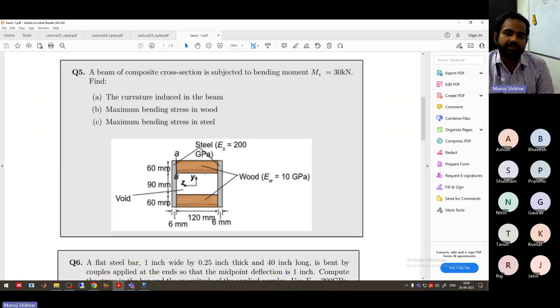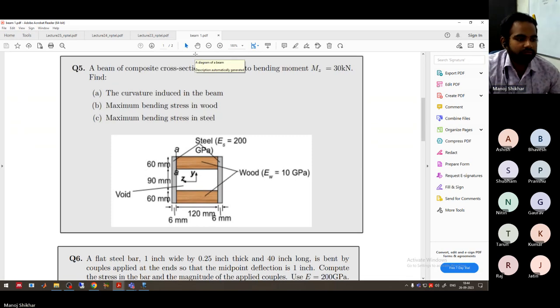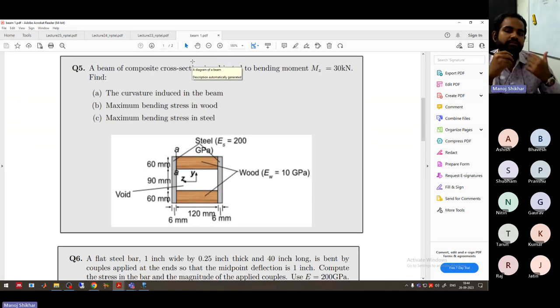Composite cross section means it has been made using different materials. You can see the wood has this cross section, and the steel has a different cross section. So the first step will be to find the total bending stiffness of this cross section.